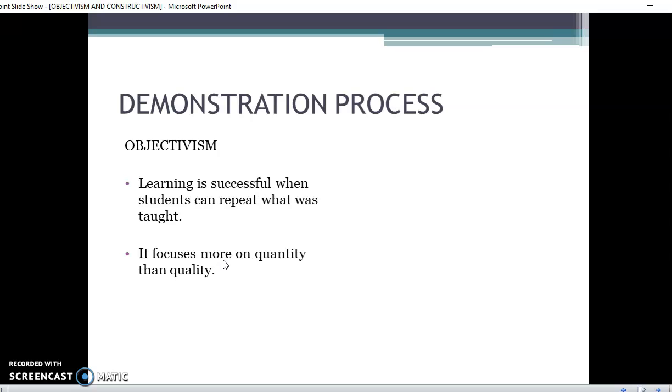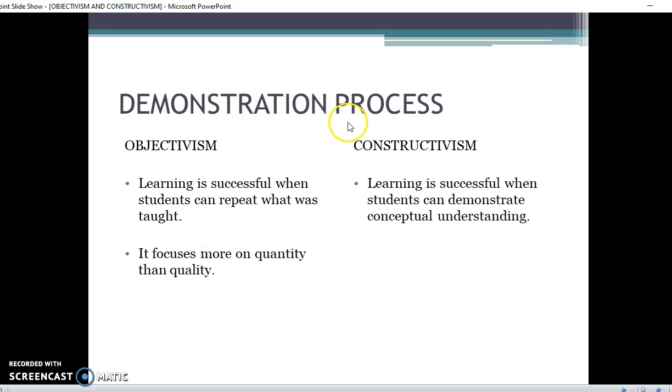So it is very important to make sense of this particular concept of demonstration process when we talk about the difference between objectivism and constructivism. Now under constructivism, we can see that learning is considered to be successful when students can demonstrate conceptual understanding. So as I said, the focus is on understanding and not on memorization. And here quality of understanding is given importance, which is not there in an objectivist classroom.